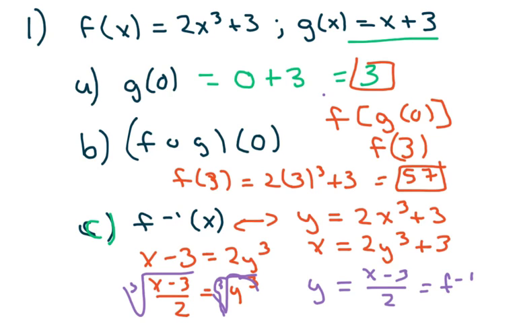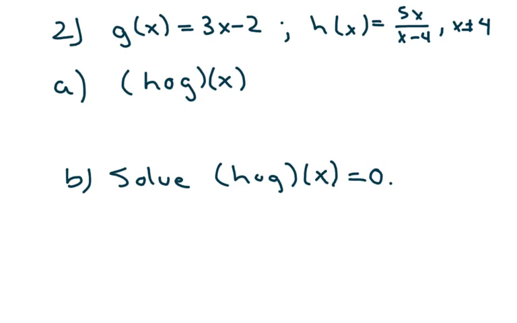Okay? Here's another problem from an exam. Very similar, but in this case they give you 2 functions. Here they say x can't be 4 because you can't divide by 0 if you plug in 4. And they want us to compose h with g. So my inner function is g of x. My outer function is h of x.